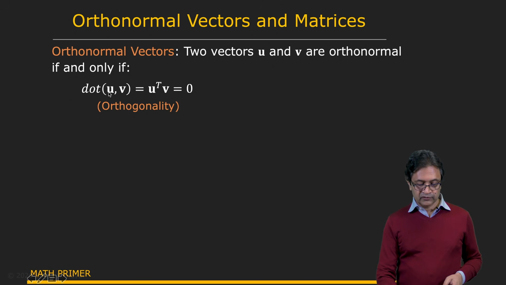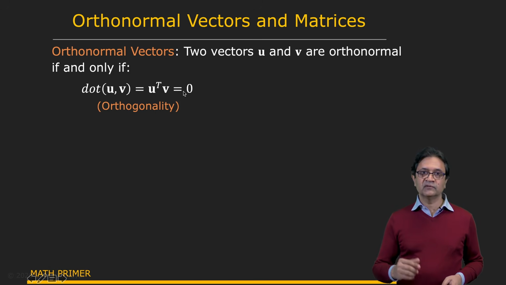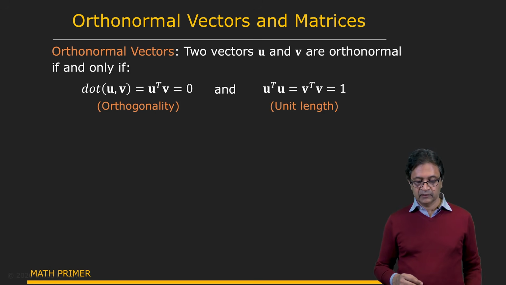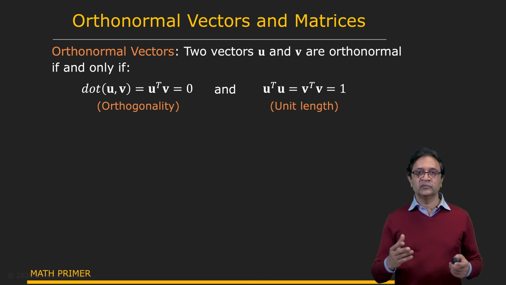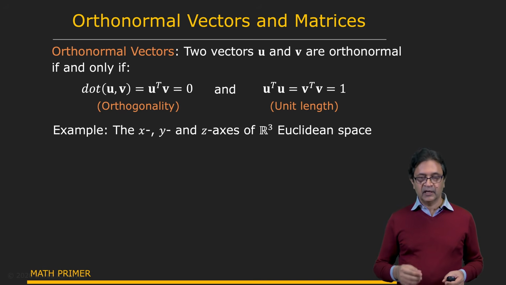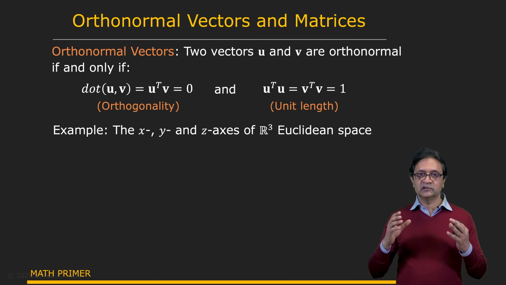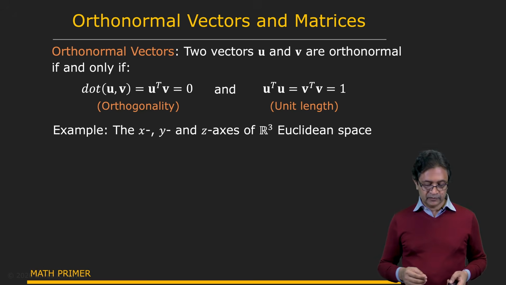So the dot product of u and v is equal to 0, which means u transpose v is equal to 0, and the lengths of the two vectors are equal to 1, unit length. Examples of sets of orthonormal vectors would be, for instance, the x, y, and z axes of a three-dimensional Euclidean space.